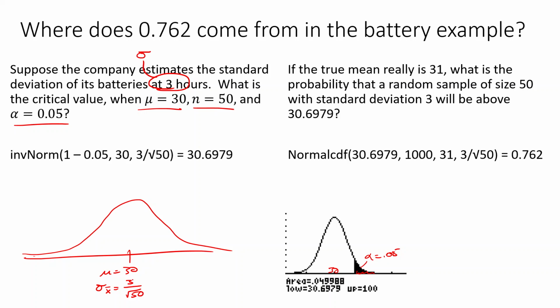All right, so we have this distribution, and we want to know where the cutoff is. Above what number do we reject, and below what number do we fail to reject? We reject up here, because the size of this region is alpha, which is 0.05. Then this must be 0.95, what we call the fail to reject region.